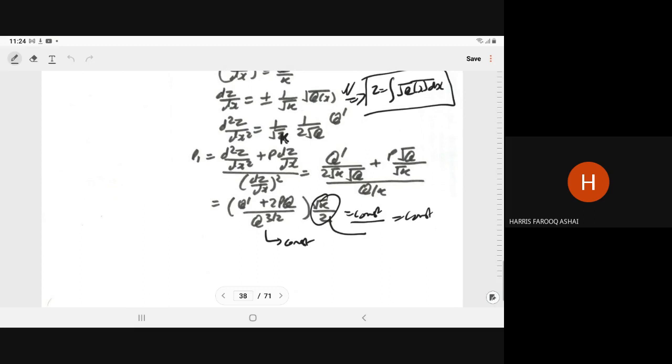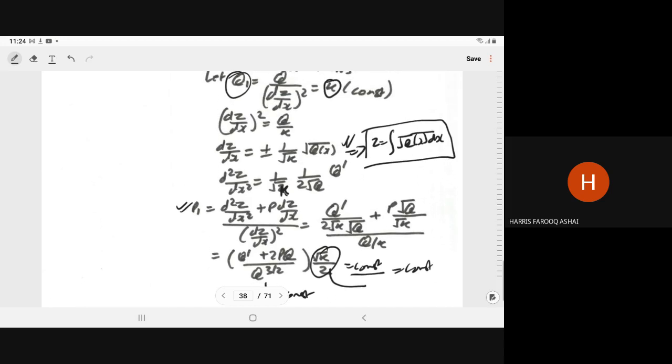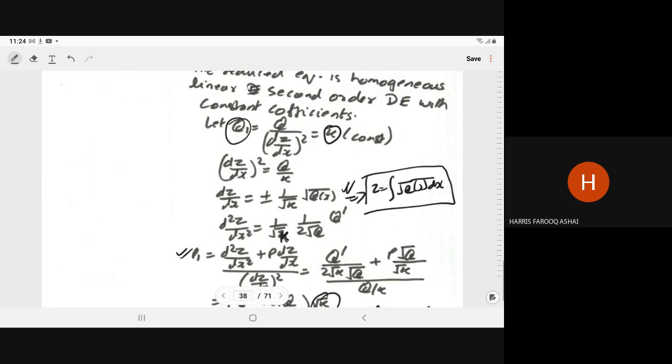So that is the value of p1, (d2z upon dx2 plus p into dz by dx) upon (dz by dx) whole square, and this is the value of q1, q upon (dz by dx) whole square.